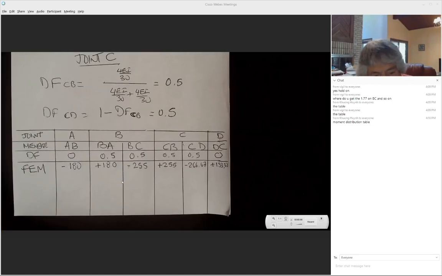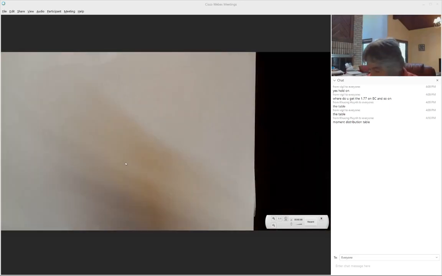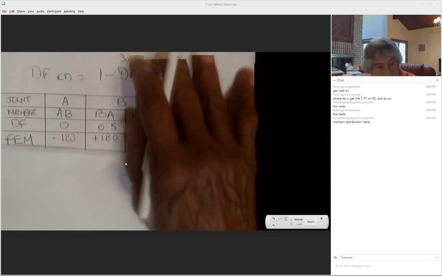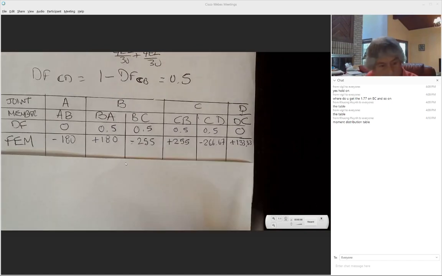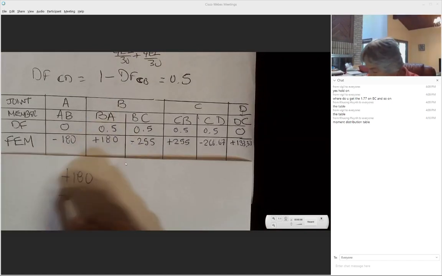So when we started this problem, we went to joint B. And at joint B, we have plus 180 minus 255.